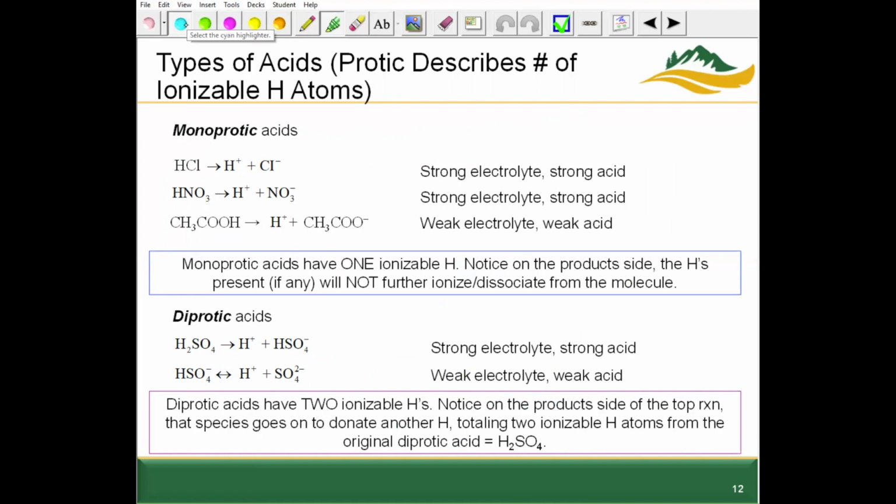Now, within the category of acids, we can have monoprotic and diprotic acids. So mono being one, protic meaning a proton. So we call this a proton. Why might this be called a proton? Well, we have hydrogen.